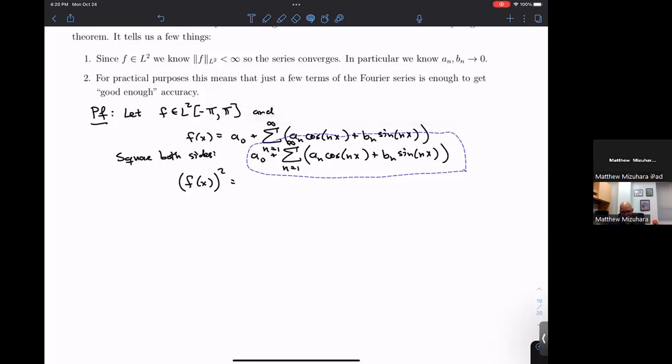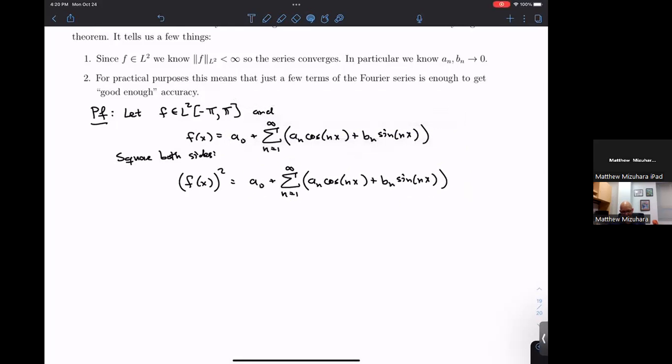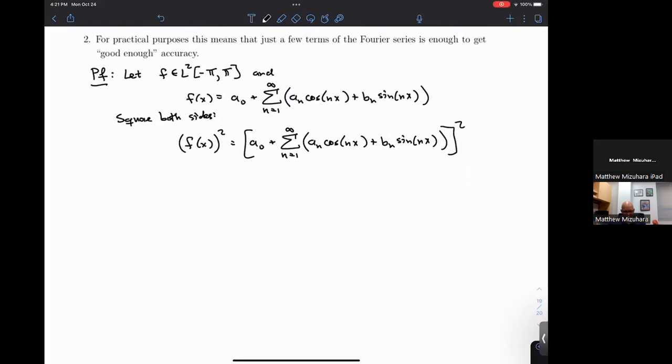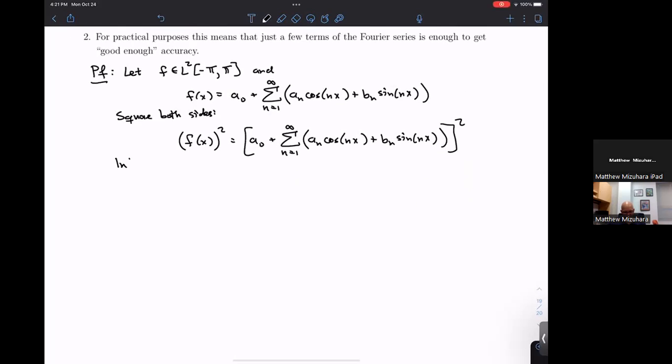If I duplicate and then pull this down, then I can square the right-hand side as well. And then let me just integrate over negative pi to pi.